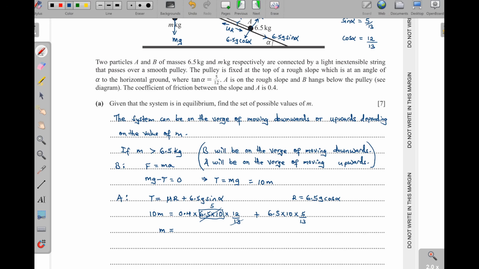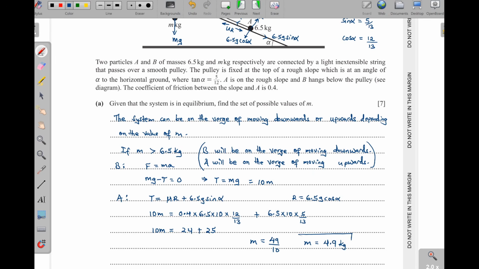Then 12 times 5 gives us 60. 60 times 0.4 gives us 24. So I'll have 10m equal to 24 here. Then again, this is 65, and 13 goes into 65 5 times. Then 5 times 5 gives 25. So when I add these two, that is 49. Then I divide by the 10, so m is going to be equal to 4.9.